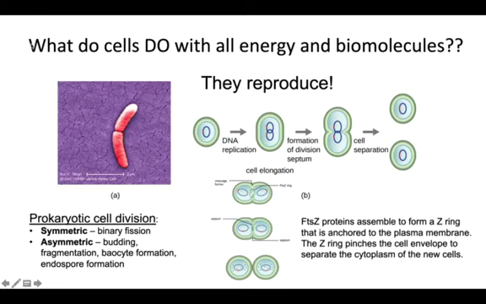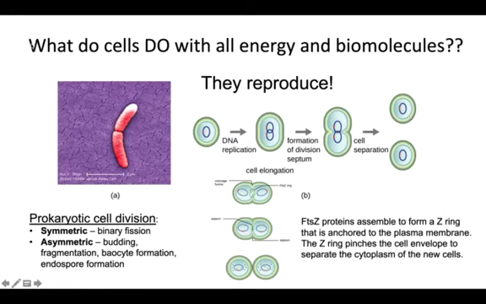So what do cells do with the energy and biomolecules? Well, again, one of the things they can do is synthesize. And one of the processes of synthesis is reproduction, okay? Making more of themselves.